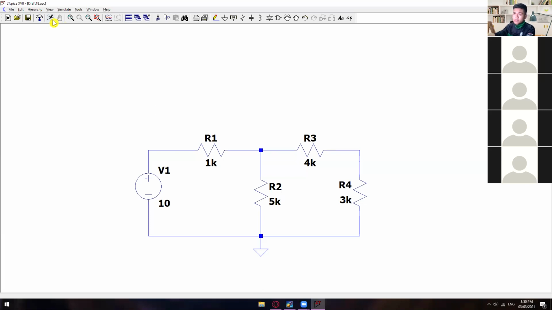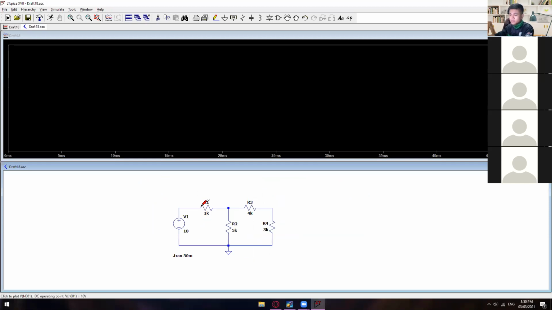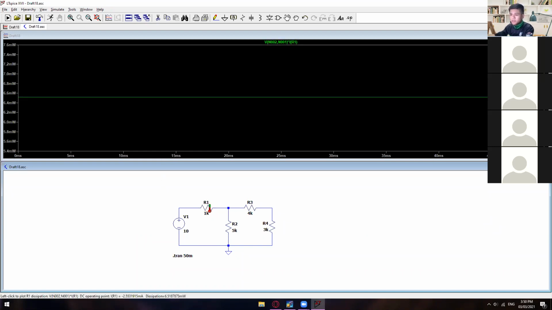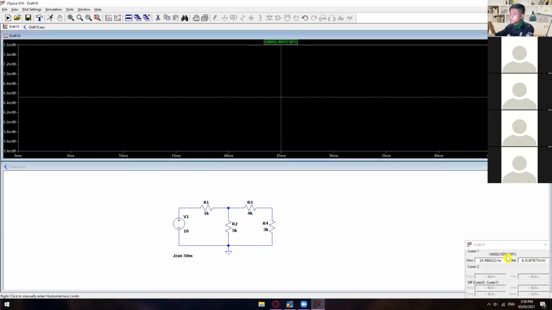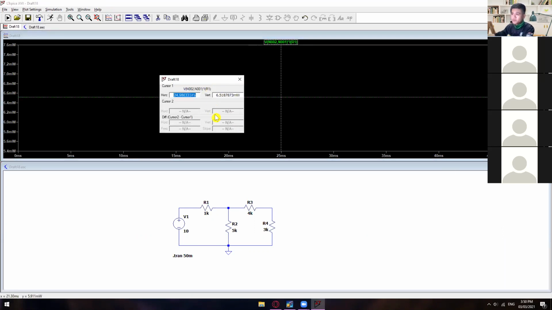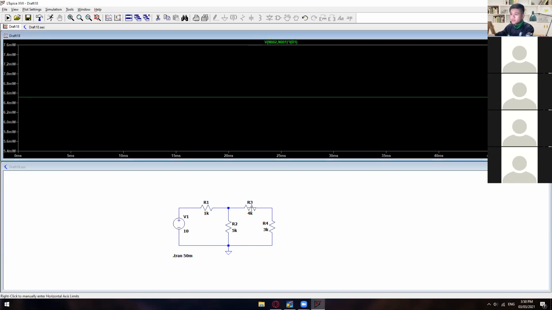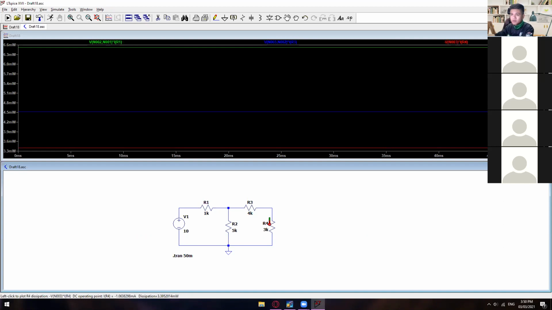To measure the power, just hold your Alt button on your keyboard, and it will give you this thermometer temperature icon. In this case, you'll be able to measure the individual power being dissipated on this specific resistor. Here, it is dissipating 6.5 milliwatts. You can do that on all of your components.